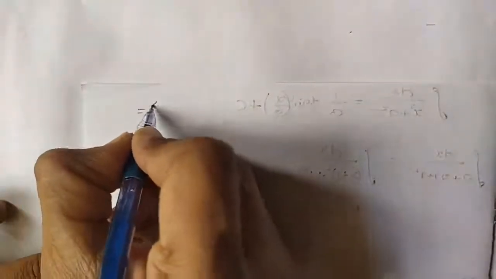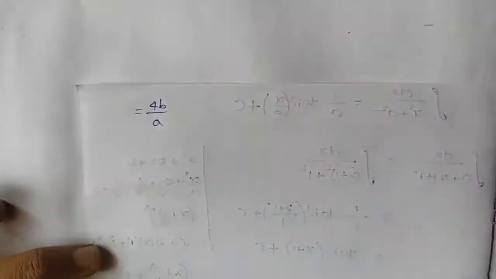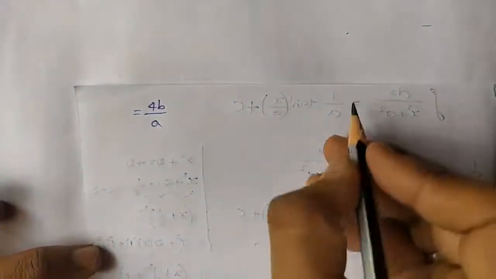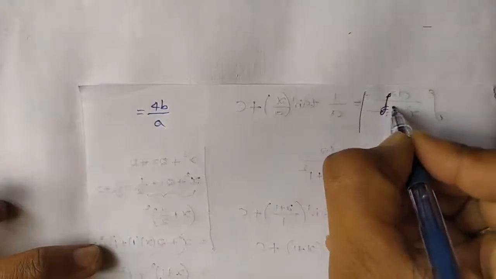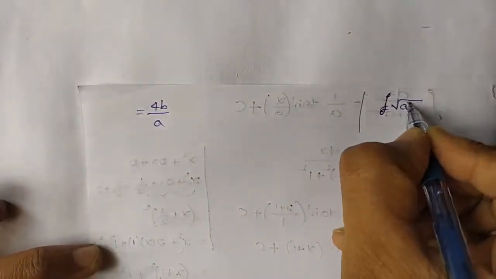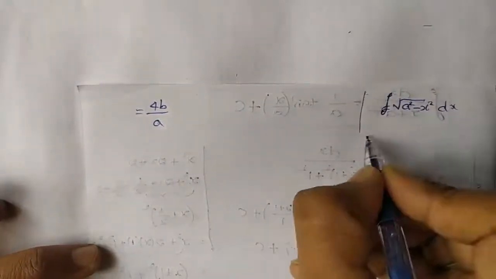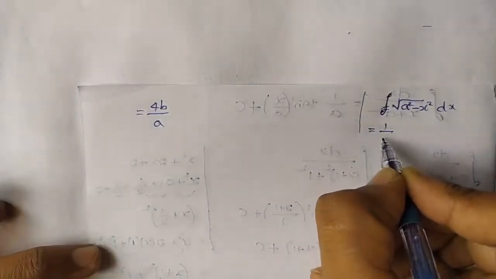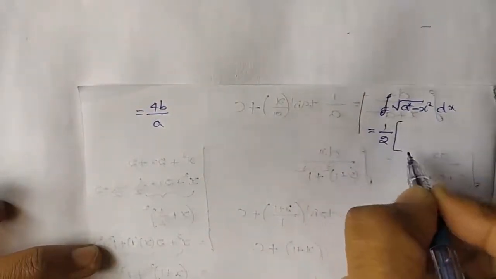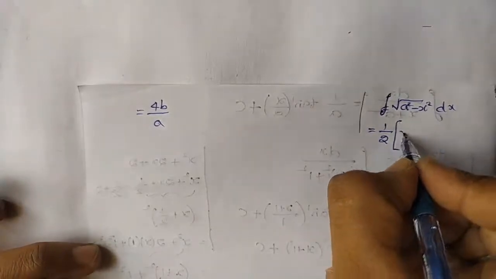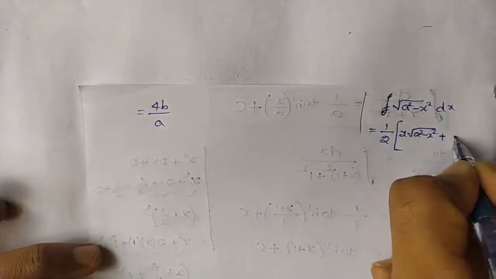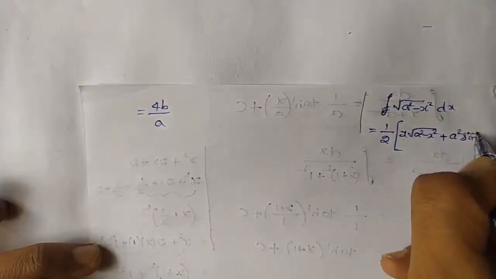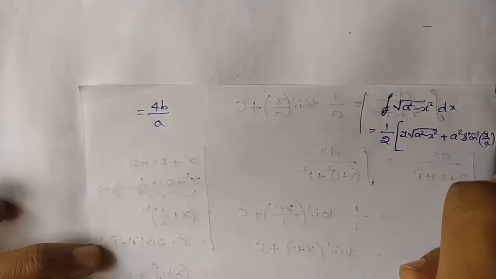That is equals to 4b by a into, what is the standard form we have in the integration of square root of a square minus x square dx is, that is equals to 1 by 2 into x into square root of a square minus x square plus a square into sine inverse of x by a plus c.